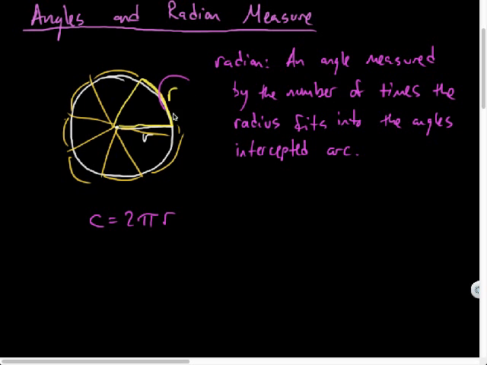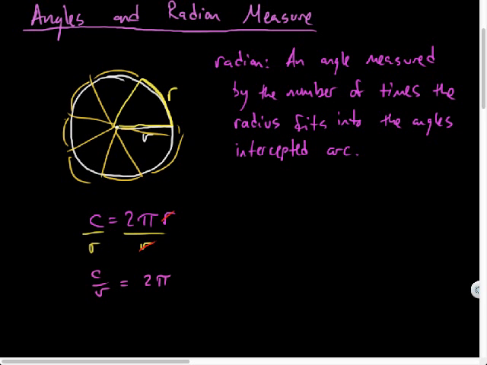With this equation, if I divide both sides by the radius, c divided by r is the number of times the radius fits around a single circumference. And if I simplify this formula, I'll get c over r is equal to 2 pi, because these r's would cancel out.